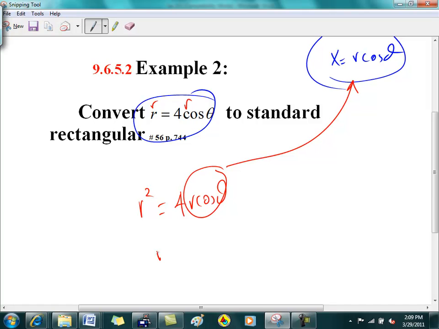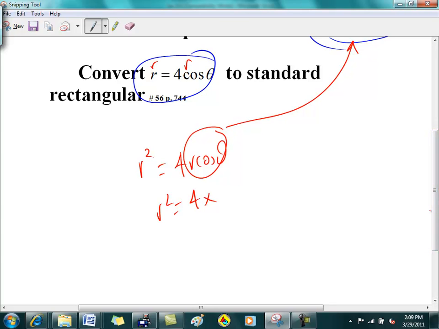Now what do I do? 4x. Now you can't speak r and x in the same equation. It's either r and theta or it's x and y. So make up your mind. Right now we know we want to go to rectangular, meaning x and y. And Nick and Felix is itching to tell me what to do. Felix? Good job. X squared plus y squared.